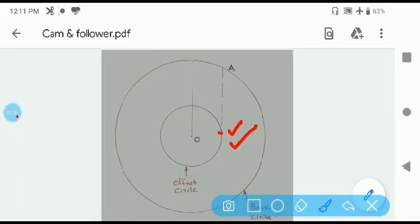From that point you draw a vertical line such that it touches the base circle at A. This is one of the variations in the procedure to draw the cam profile compared to the questions that we had done before. As you know, A is the trace point. Now we will draw the cam profile based on the trace point.